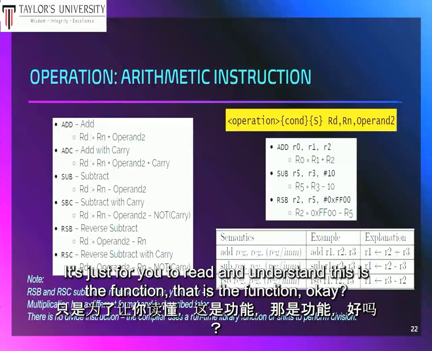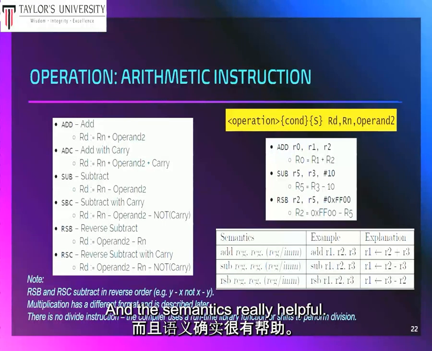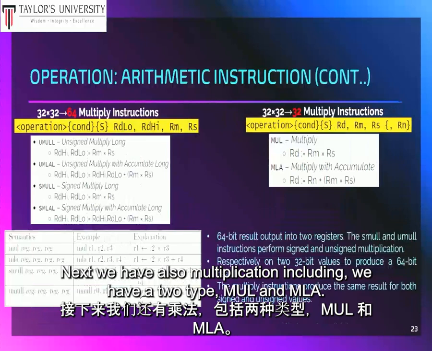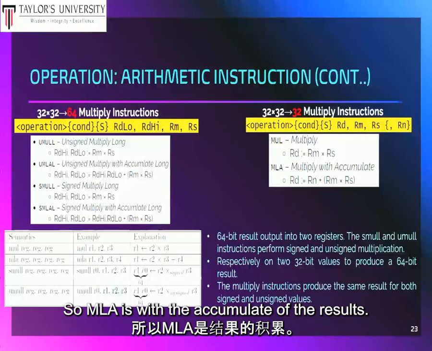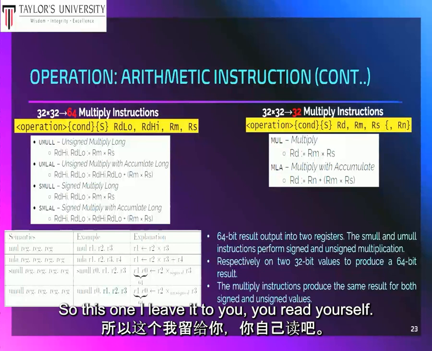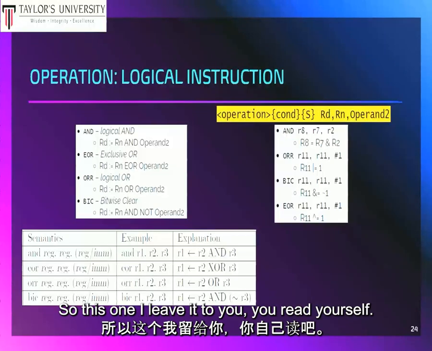It's just for you to read and understand this function and that function. The semantics are really helpful. Next, we also have multiplication, including two types, MUL and MLA. MLA is multiply with accumulate of the results. This one I leave to you to read yourself.